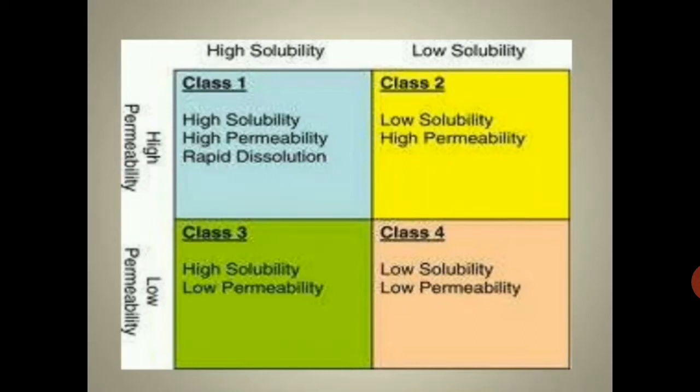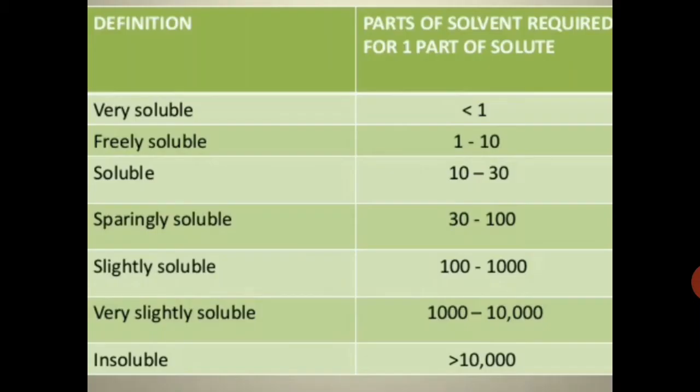Examples: bifonazole. Those compounds have a poor bioavailability. Usually they are not well absorbed over the intestinal mucosa and a high variability is expected. So this is the BCS classification system, and next I will discuss the parts of solvent required for one part of solute.